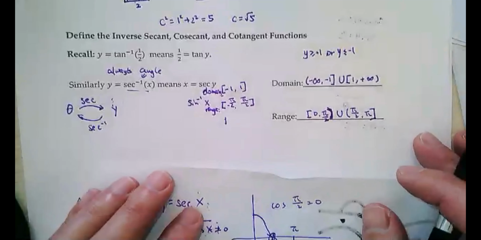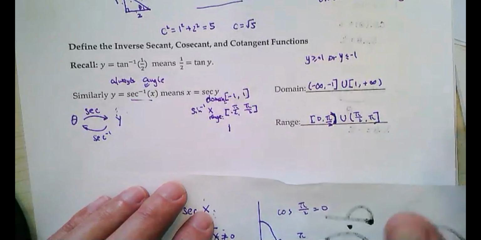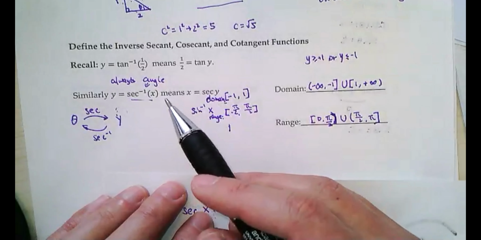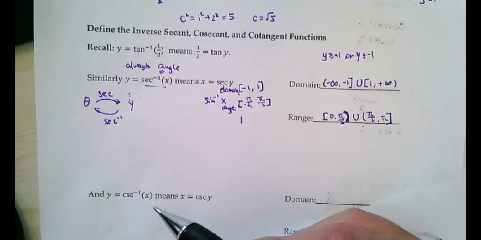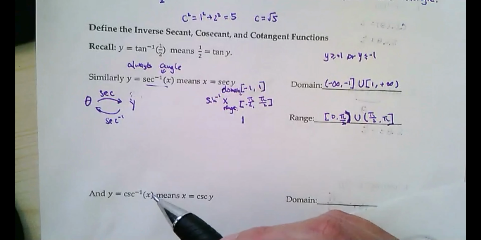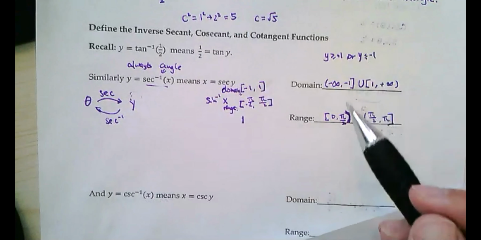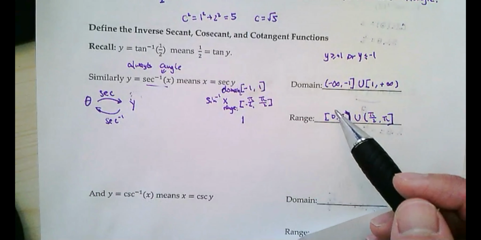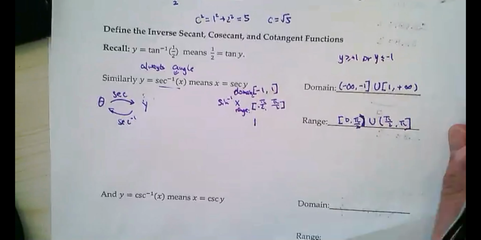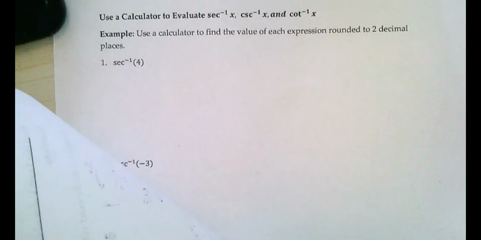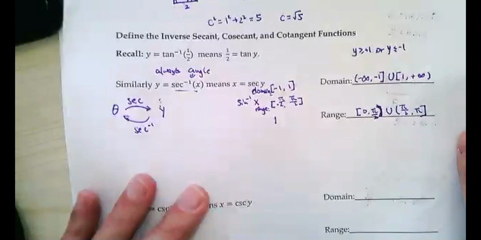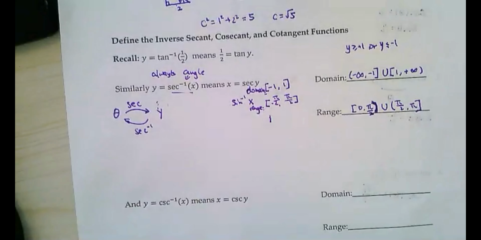So all we do for this class, we figure out the definition of the inverse secant and the inverse cosecant. We understand what they mean and figure out the domain and range of them. I think that's it for this class. Oh yeah, we also need to plug them into the calculator. Plug them into a calculator. And that's it. Anyone has any question?